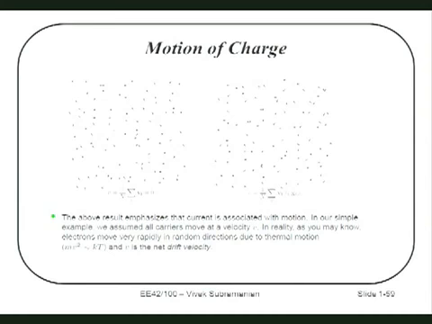The one electron will have a much higher velocity. The average velocity, which we call the drift velocity, the net velocity because of this externally applied voltage, is much, much lower than the instantaneous velocity. Because the instantaneous velocity gets really, really high. Depending on the system, it can get close to the speed of light.